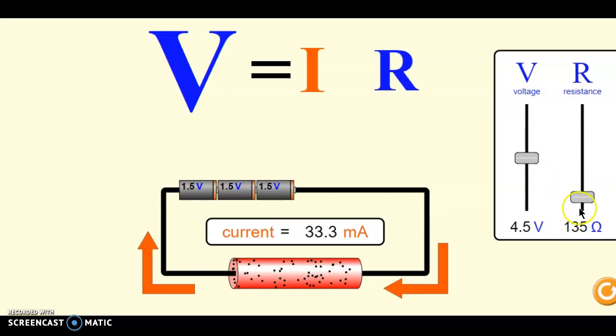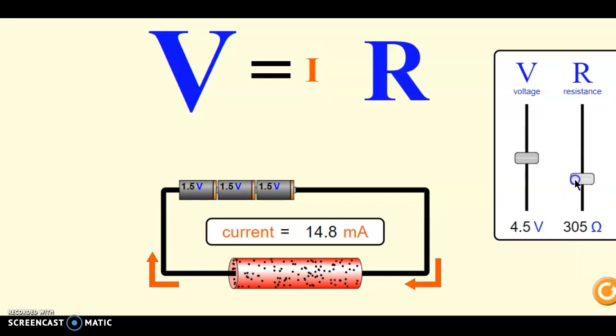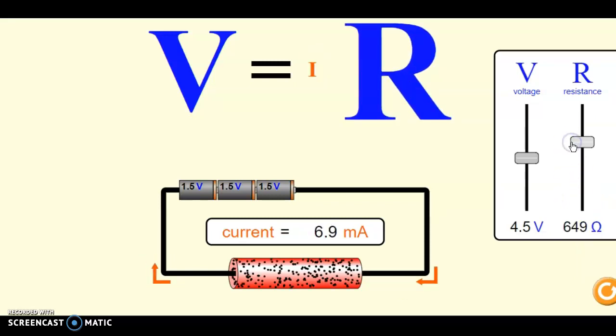If we increase the resistance, we have a small amount of current, so it is inversely proportional between both of them. A resistor with this behavior we call an ohmic resistor, which we could control by Ohm's law, V equals IR.